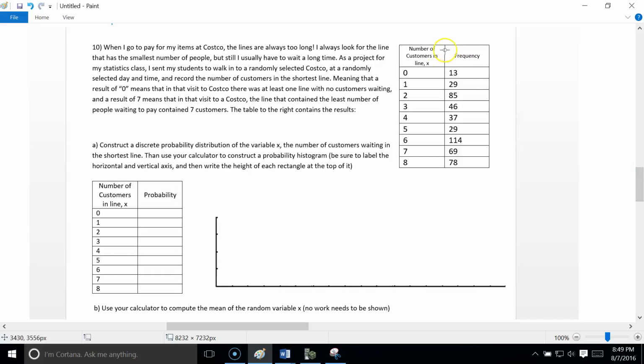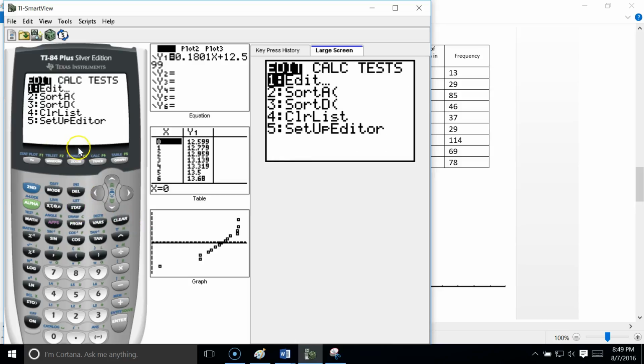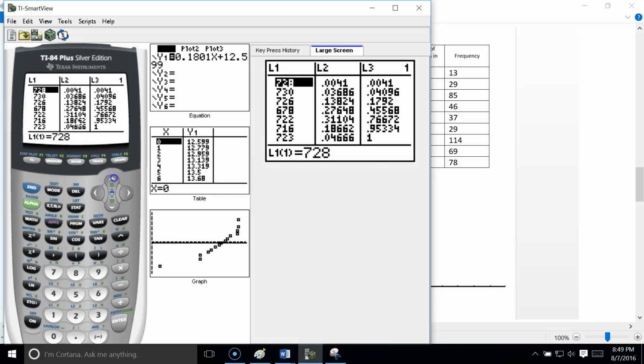We're going to want to make maybe this one list 1 and list 2 on our calculator. So, stat, edit, clear.